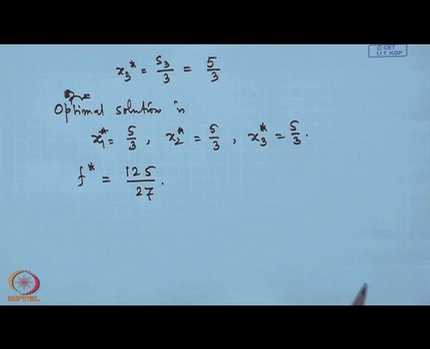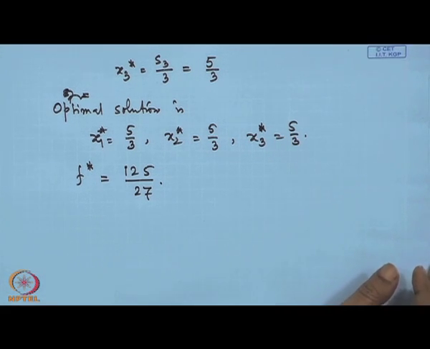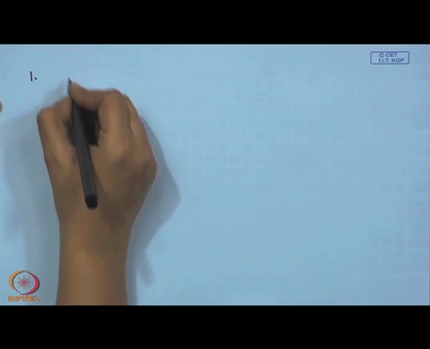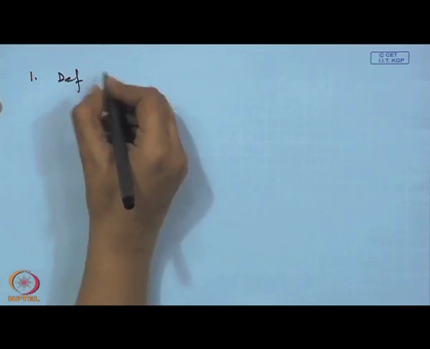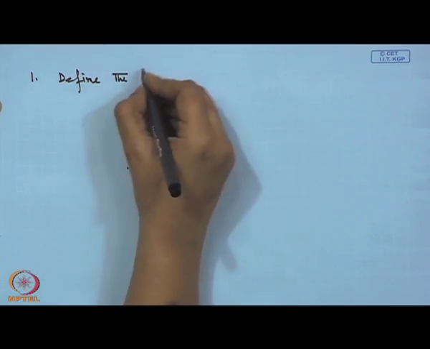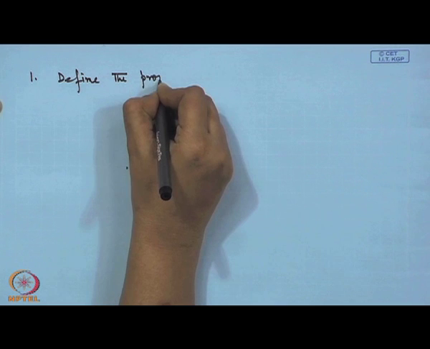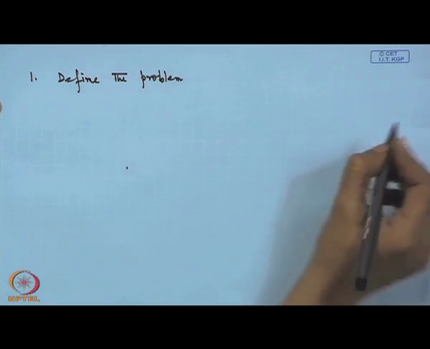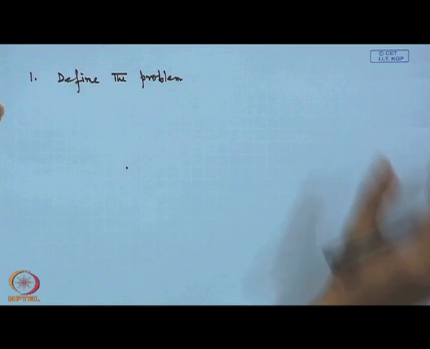That is all about the model I wanted to say for the problem of the single additive constraint and multiplicative return, and we have applied the dynamic programming technique. Thus, formally we can summarize the dynamic programming process as this one. The first step is to define the problem, which means specify the objective function and the constraint.